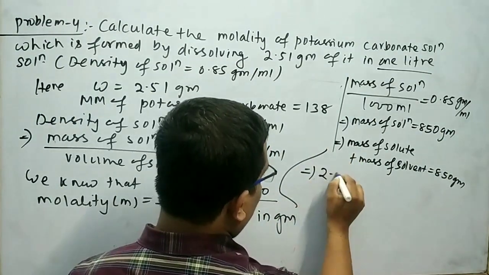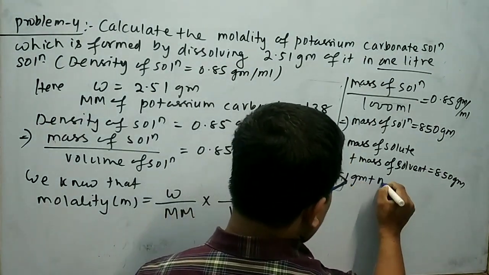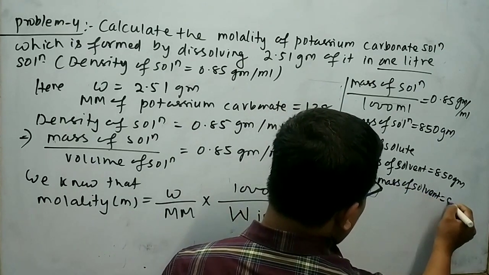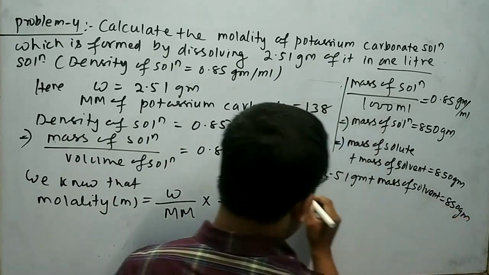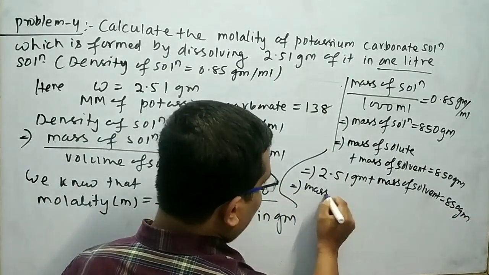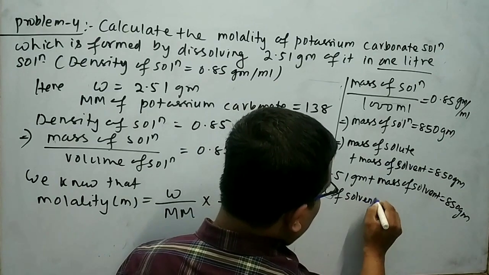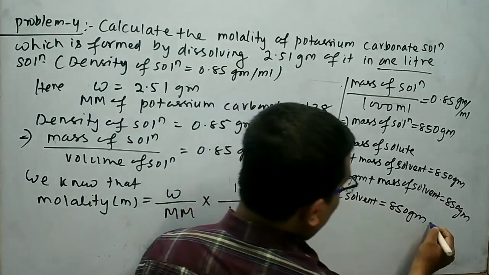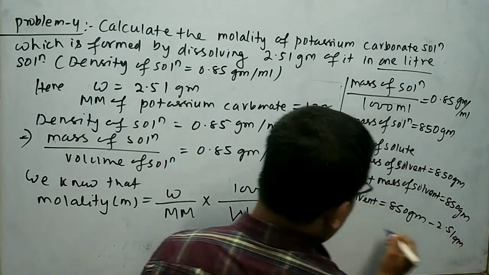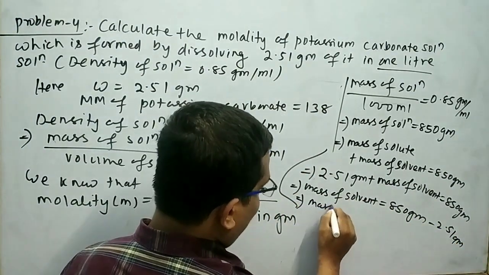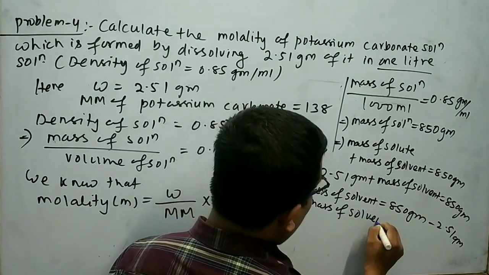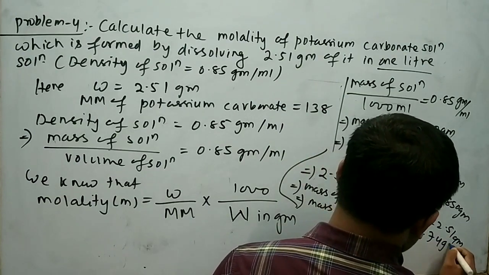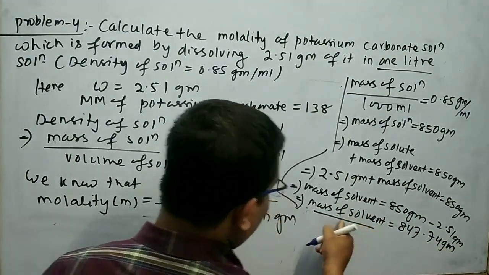I can write 2.51 gram plus mass of solvent equals 850 gram. That means mass of solvent equals 850 gram minus 2.51 gram. That means mass of solvent equals 847.74 gram. This is said to be capital W.